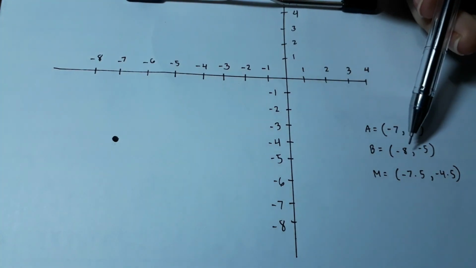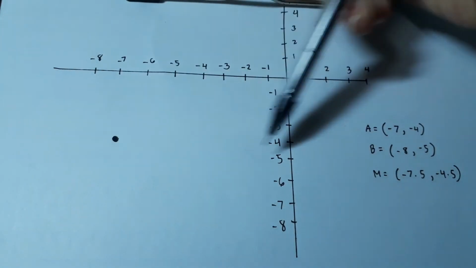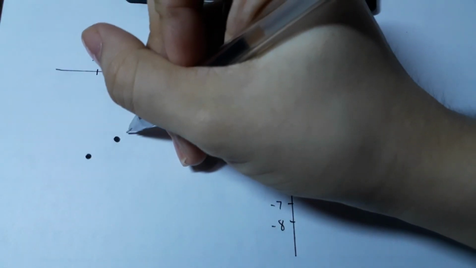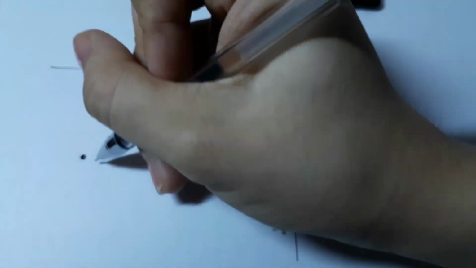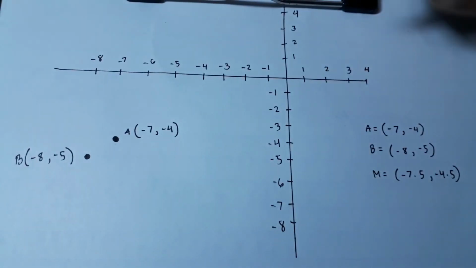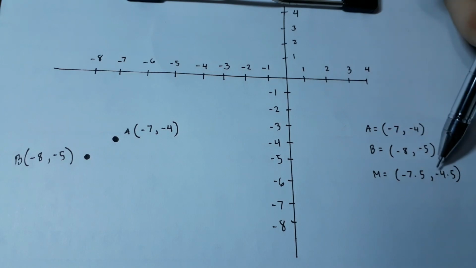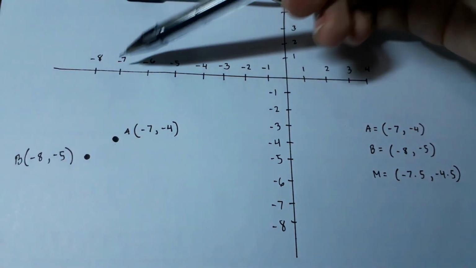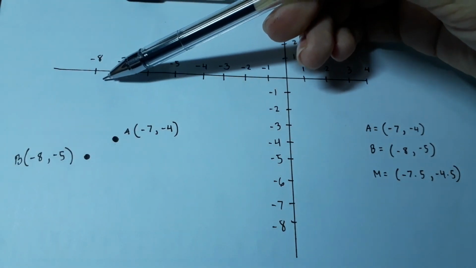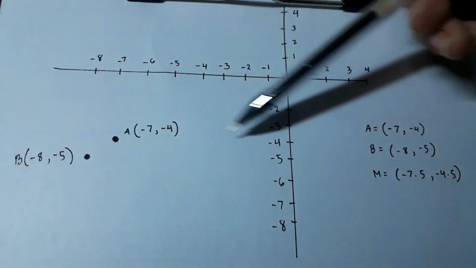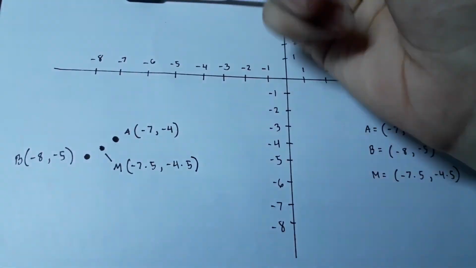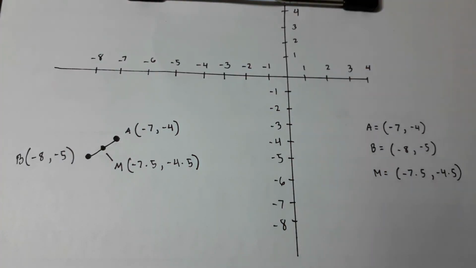B is negative 8 and negative 5. Here's negative 8 down to negative 5. So make sure to label. And finally, the midpoint is negative 7.5 and negative 4.5. So here's negative 7.5 down to negative 4.5. There we go. Okay, so now we have successfully found the coordinates of the midpoint of the segment whose endpoints are the given.